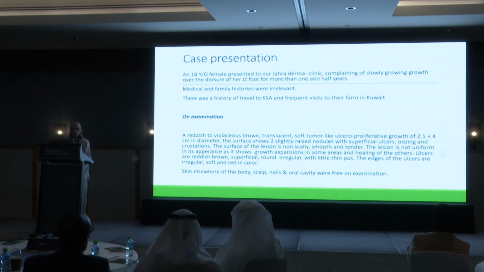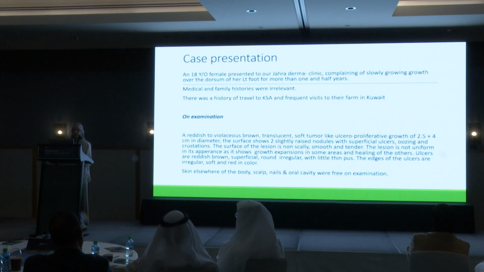On examination, a reddish to violaceous brown, translucent, soft, tumor-like, verrucoproliferative growth of 2.5 by 4 centimeters in diameter. The surface shows papular areas, nodules, and superficial ulcers oozing under crusts. The surface of the lesion is non-scaly, smooth, and tender.